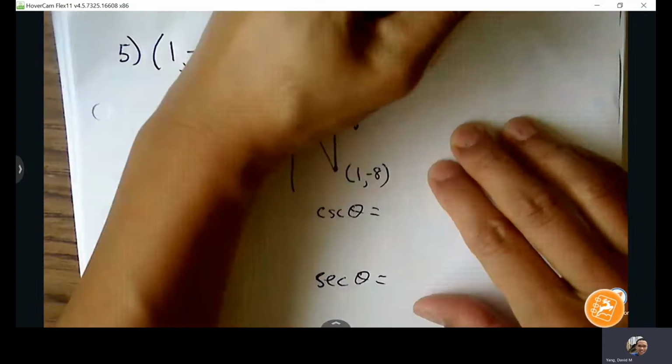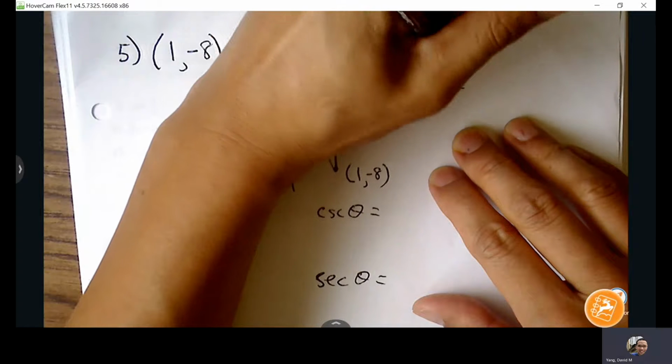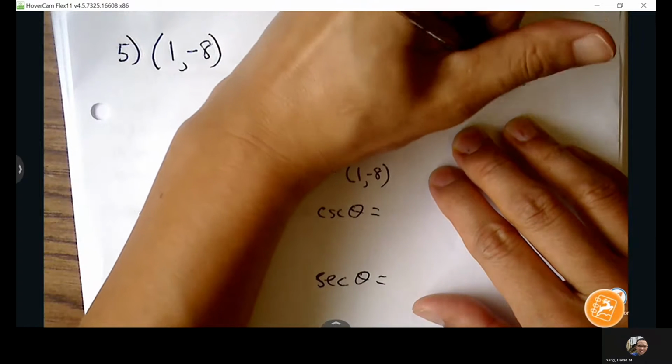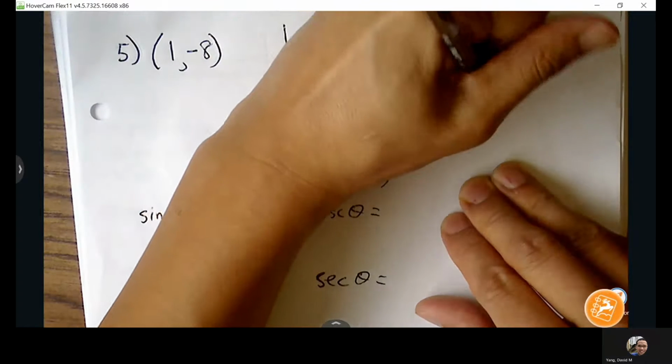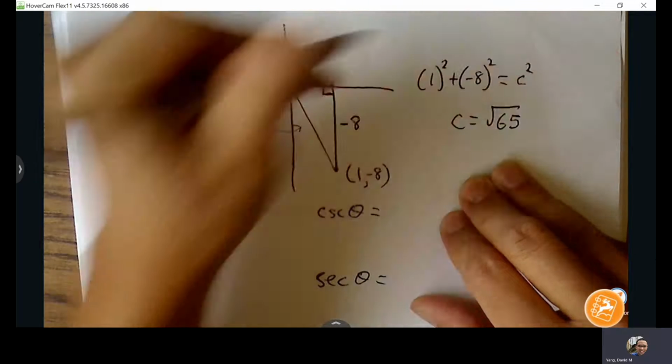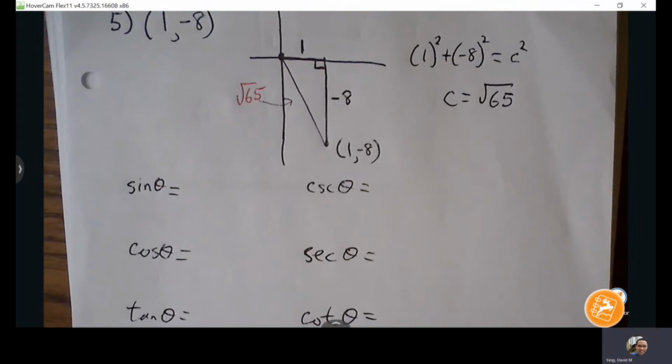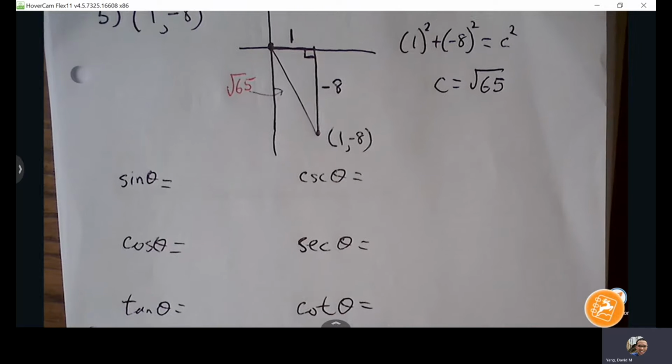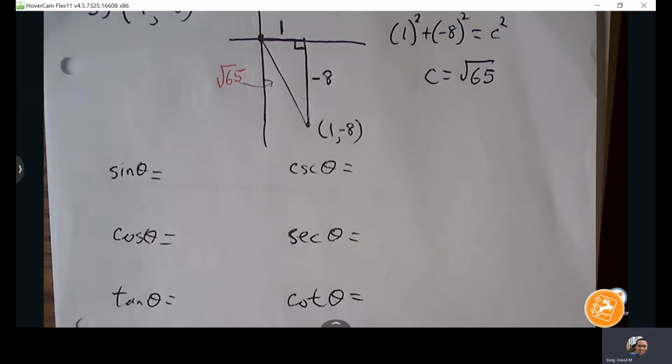Let me show the work here. All right, use SOHCAHTOA and fill out your ratios for sine all the way to cotangent. If you're left with a radical in the denominator, make sure you rationalize it.